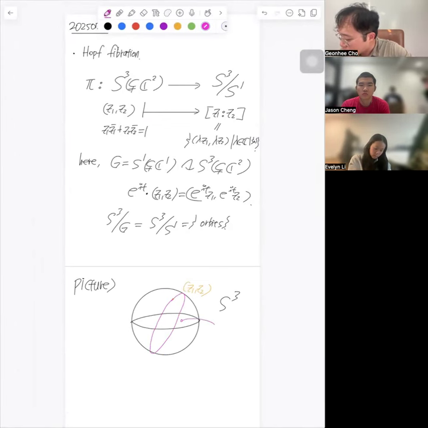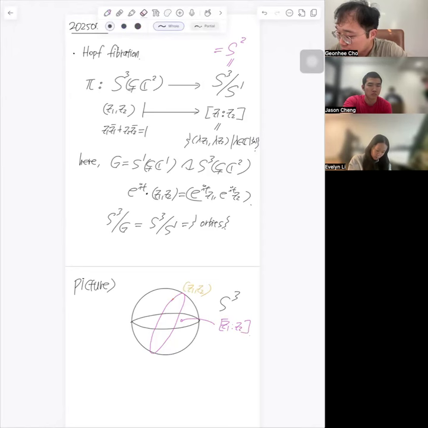So this is now regarded as z1 versus z2 this way, this way. And then we collect all those gray circles, or orbits, as one single element. And that collection is S3 quotient out by S1. And the Hopf fibration says this becomes S2.